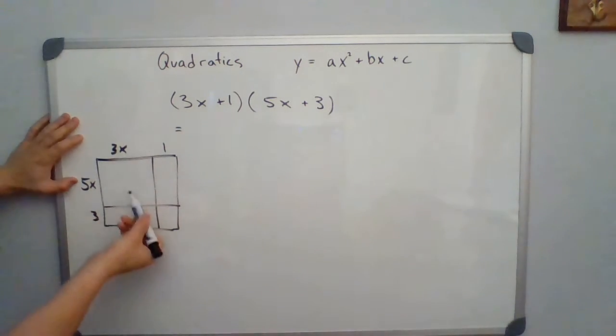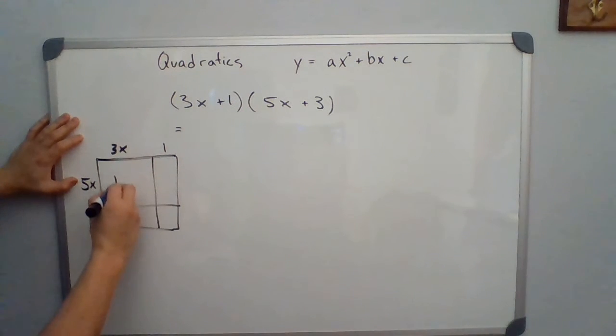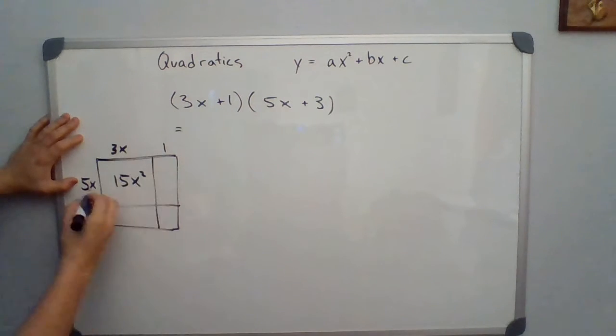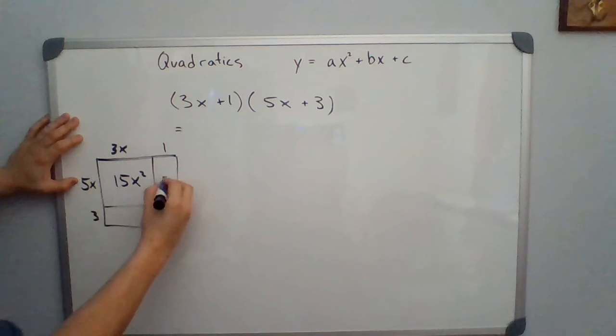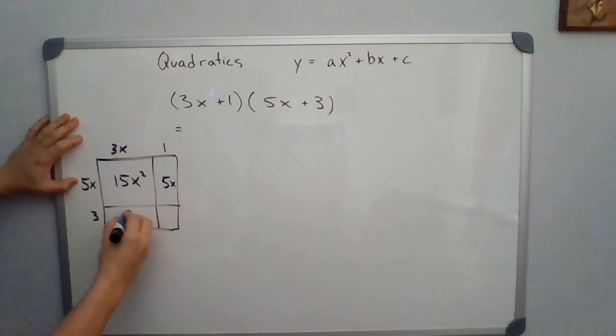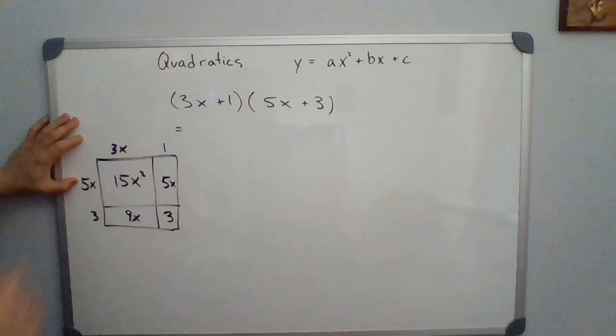Basically, the area of this rectangle will be the areas of those sides multiplied together, or 15x squared. And then the area of this rectangle will be length 1 times length 5x, which is just 5x. And then length 3 times length 3x, or 9x. And then 3 times 1 for the area of that rectangle there.